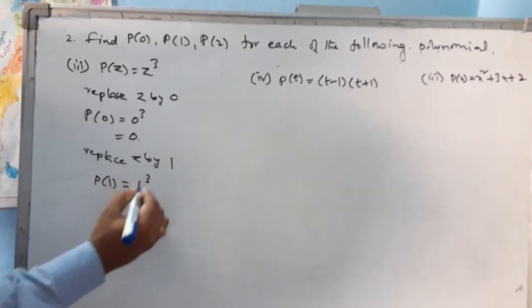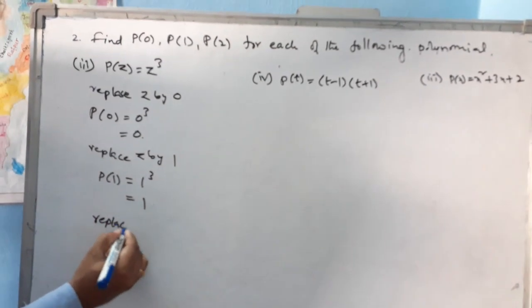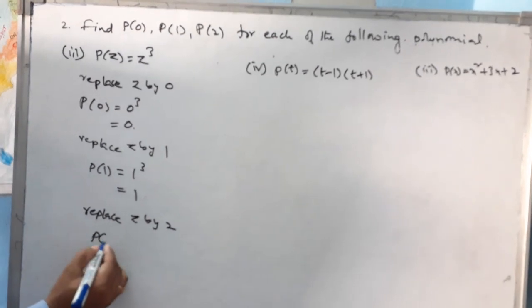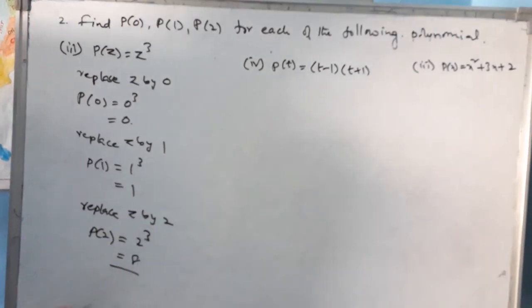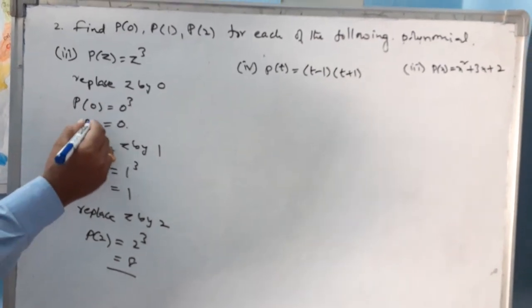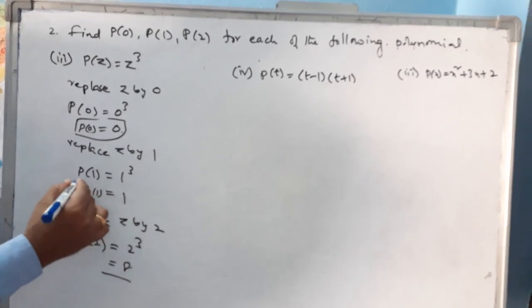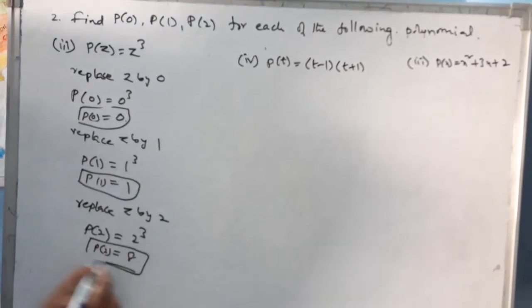P of 1 means 1 cube. That is equal to 1. Replace z by 2. That is p of 2. Z cube means 2 cube. 2 cube means 8. So p of 0 equal to 0, p of 1 is equal to 1, p of 2 is equal to 8.